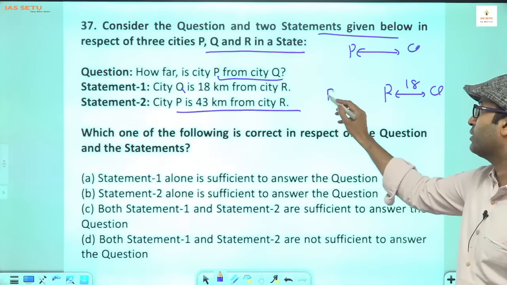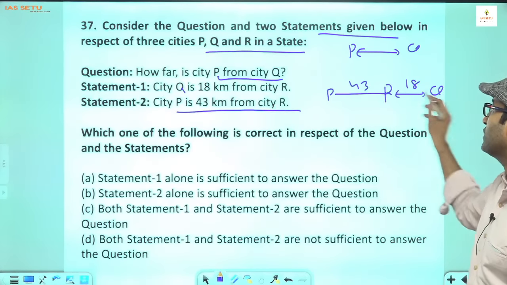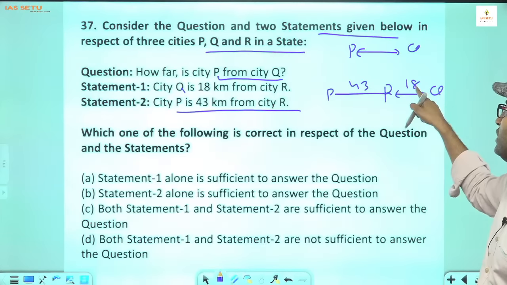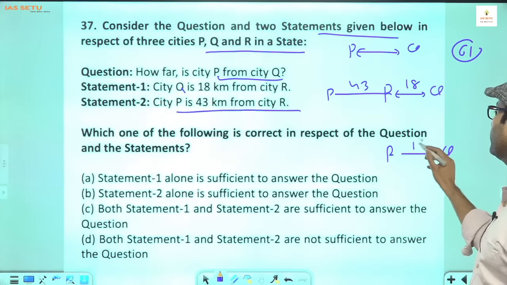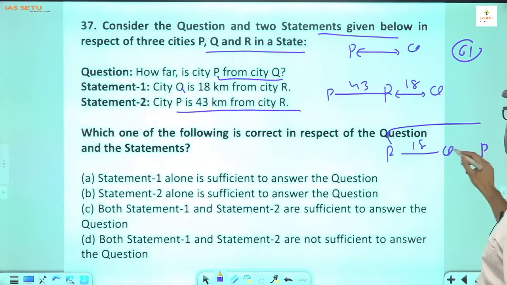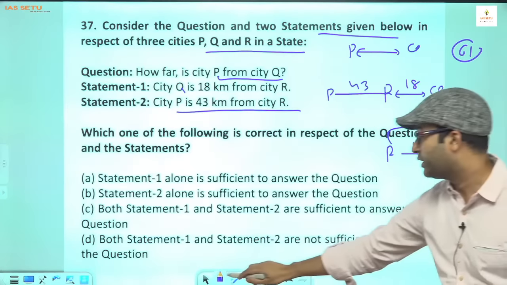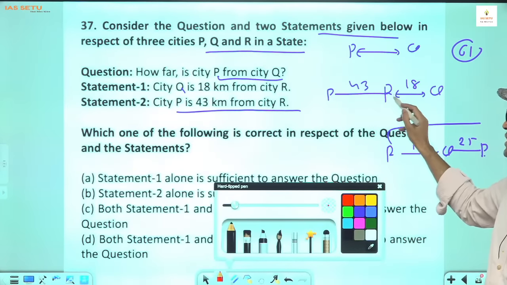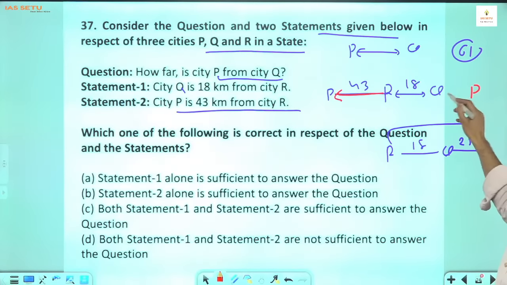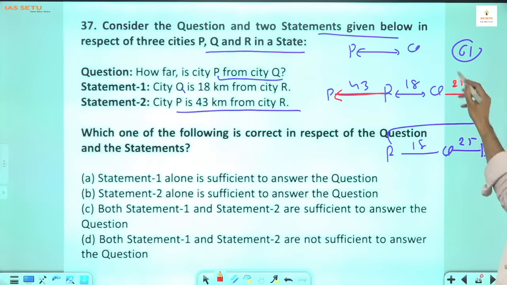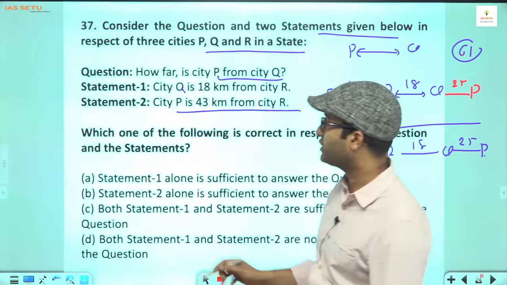If you take one possibility, P 43, then what is the distance between P and Q? 43 plus 18, 61. But there is a possibility: R, Q 18, and P can be here. This is 25. So P and Q can be 25. Because it is not mentioned that P has to be on this side. If you take P this side or this side, we have different answers, 25 or 61.